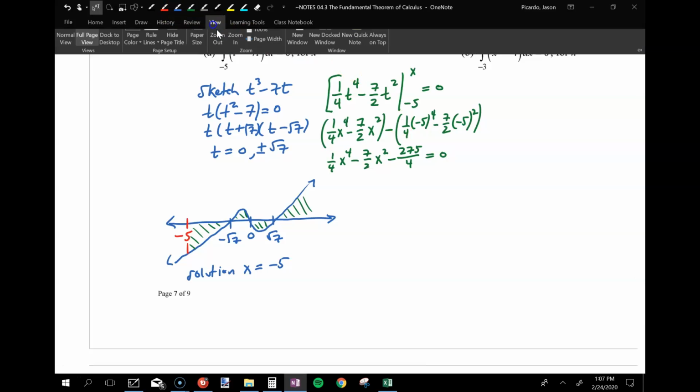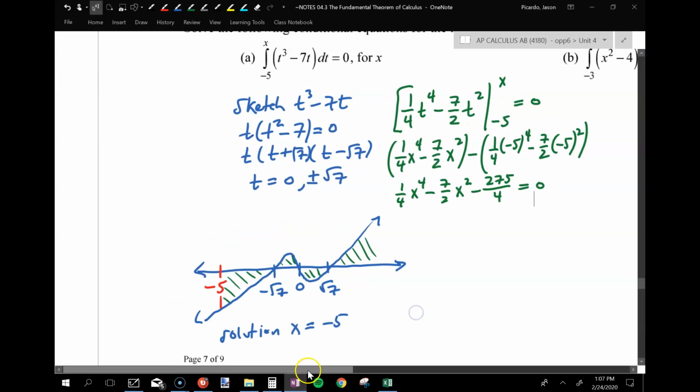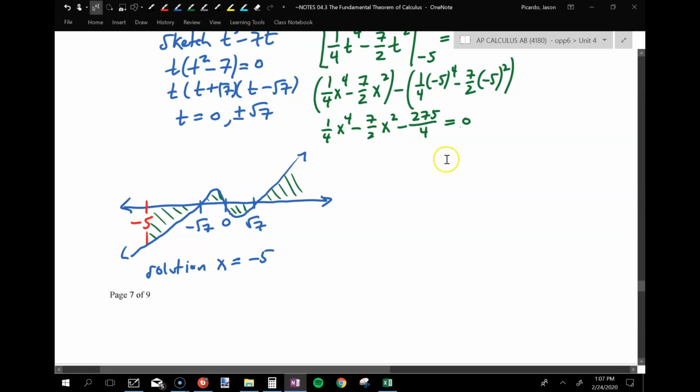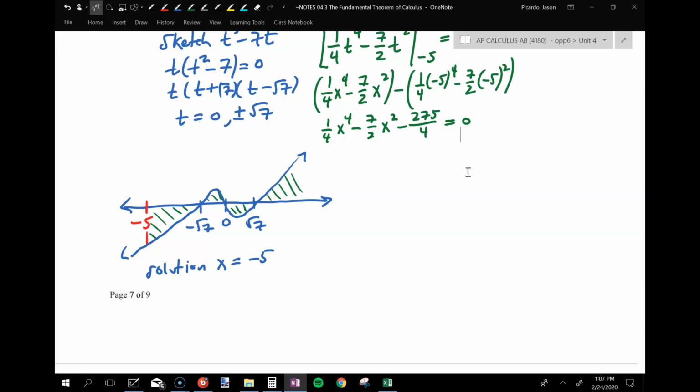Now, Cedric looks at this and he says, Picardo, you're a good dude and everything, but I'm not doing problems with 2s and 4s in the denominator. So Christina raises her hand and says, that I messed up? Oh, yes, go ahead. I did.